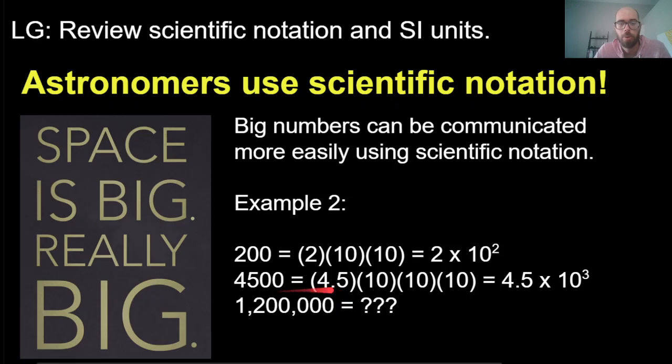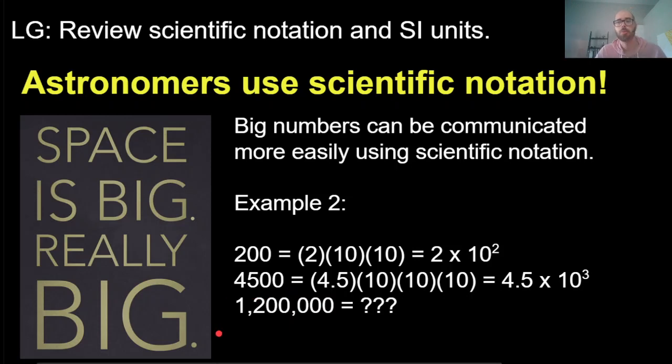So we write the number 4.5. And 4.5 we need to multiply by 10 3 times in order to get 4,500 as our answer. So we're going to do 4.5 times 10 times 10 times 10, or 4.5 times 10 to the power of 3. So this is scientific notation, 4.5 times 10 to the power of 3. It's equivalent to writing 4,500.